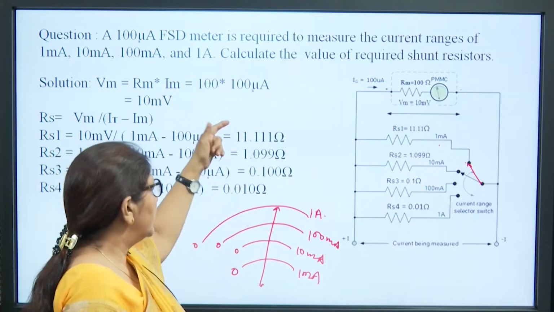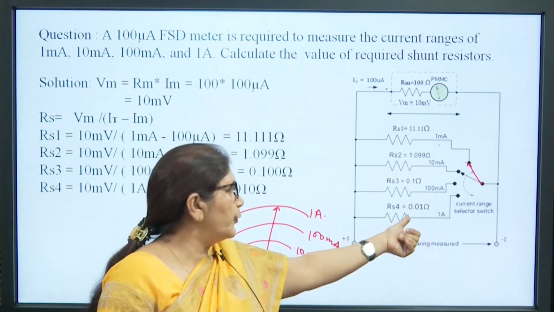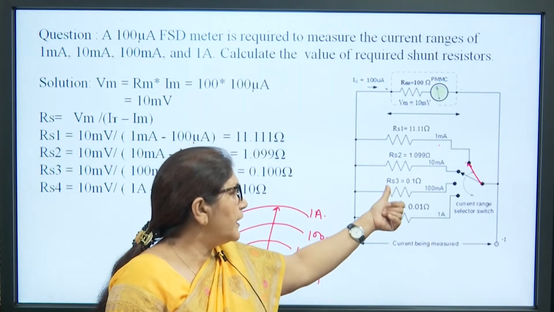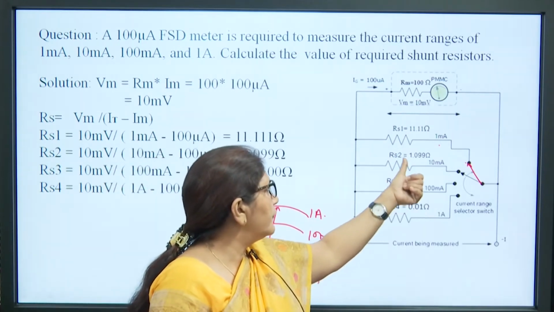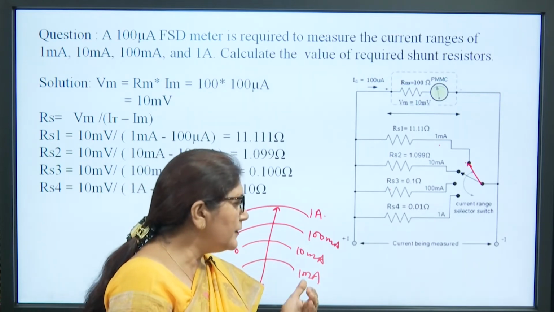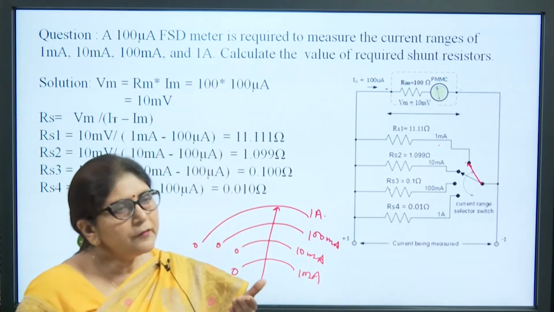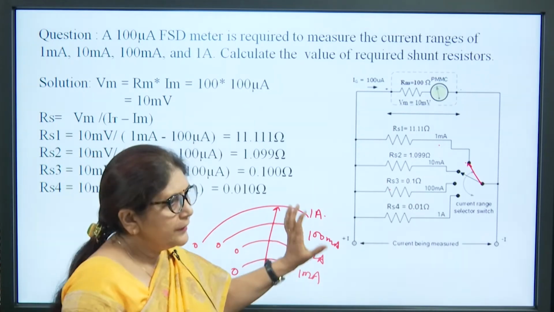If you see in this calculation, the value of Rs is 11.11 ohm, then 1 ohm, then 0.1 ohm, then 0.01 ohm. It means when the range is increased, the value of resistance is decreased by 10 times, because the range is increased by 10 times.